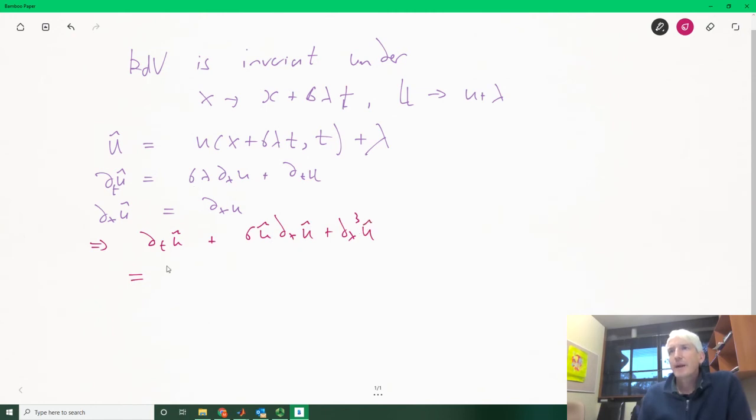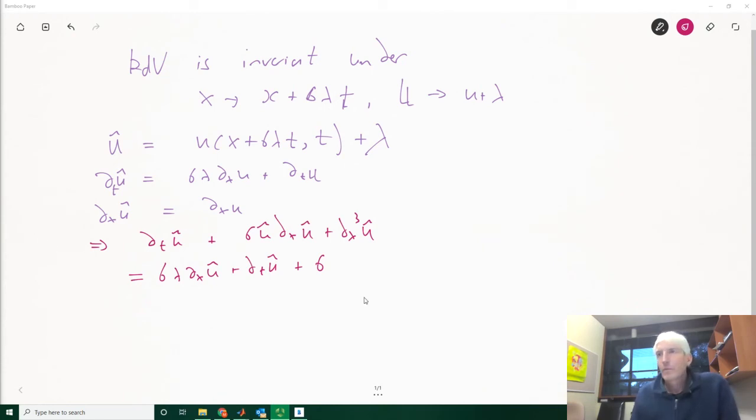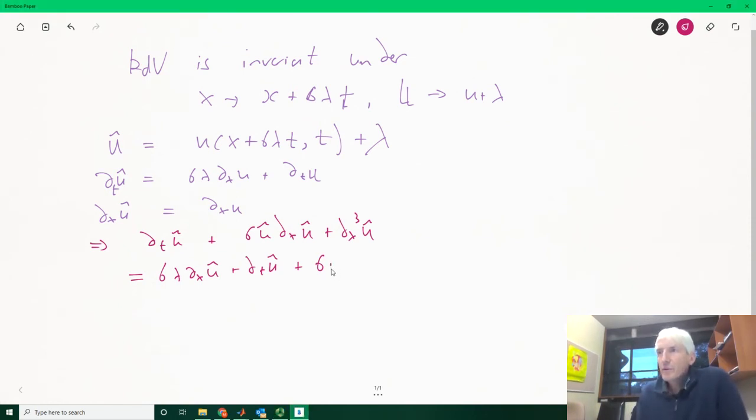We're going to get 6 lambda, the x derivative of u hat, plus the time derivative of u hat, plus 6 u hat, remember this is u hat over here, and we've got the x derivative of u, which is just the x derivative of u hat is just the x derivative of u, and likewise this is just the x derivative of u.